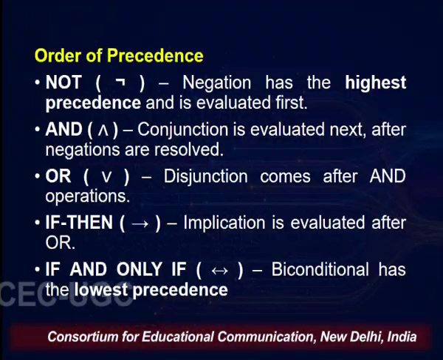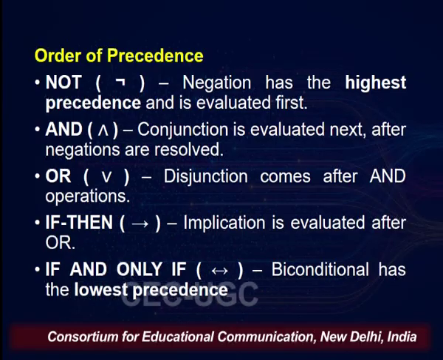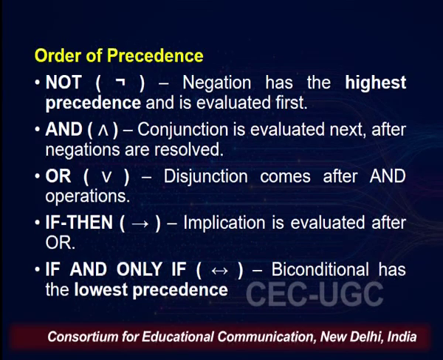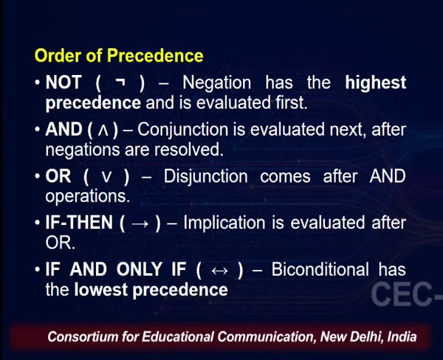First, we will look into the order of precedence. The first is not, which is the negation, which has the highest precedence and is evaluated first. It is followed by conjunction, which is and, evaluated next after all the negations are resolved. Then comes disjunction, which comes after AND operations.